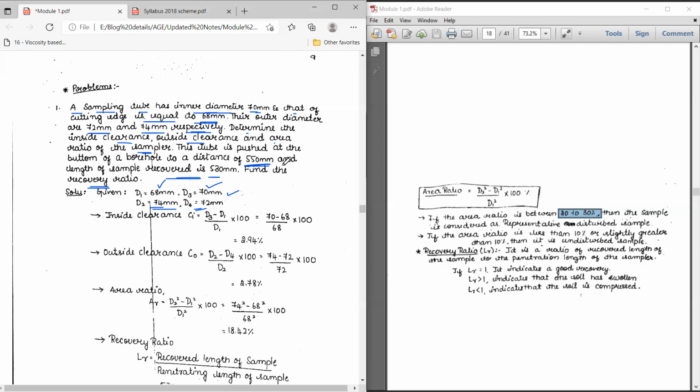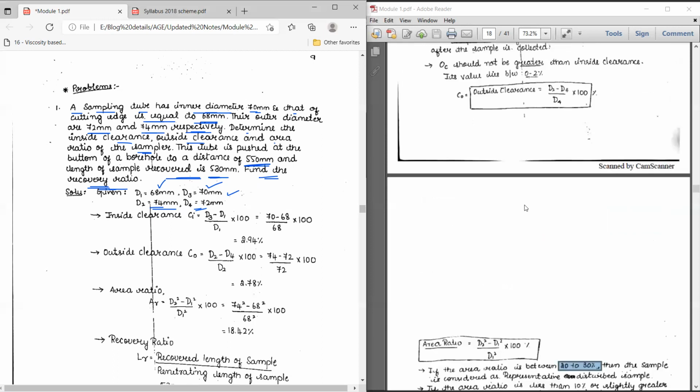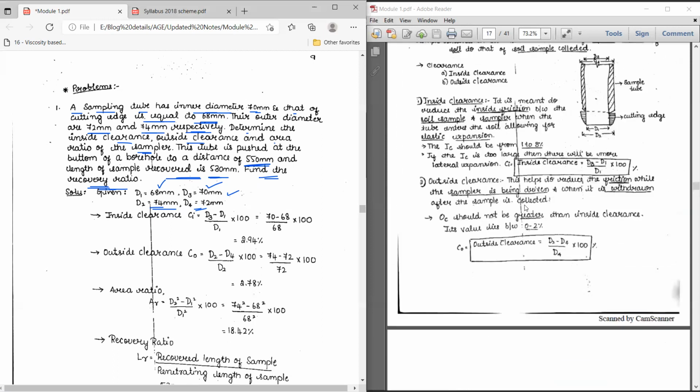But when you remove the sampler back, the sample collected has a length of only 530 mm. Now for this, we need to find out the recovery ratio. So for the given sampler, we have to calculate inside clearance, outside clearance, area ratio, and also recovery ratio.